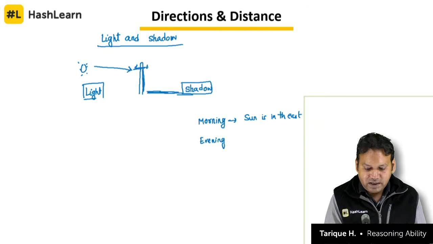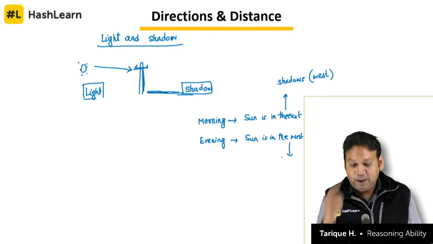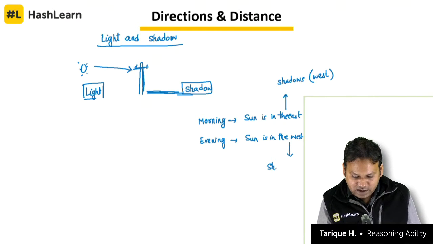So if the question tells you in the morning, understand the light source is in the east, and if the question says in the evening, then the light source is in the west. So if sun is in the east in the morning, shadows will be towards west. Shadows will be in which direction? West. And if sun is in the west in the evening, then shadows will be towards east.